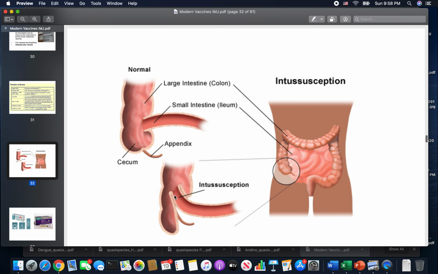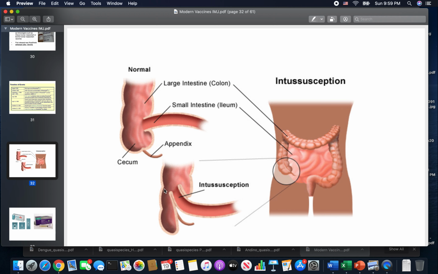So what is this? Here's intussusception. You get your small intestine going into the large intestine. In some small babies, the connective tissue isn't as developed, and you can get the small intestines pushing in here and making these little pockets. You see the appendix down here? You're making a thing that's kind of like a giant appendix.